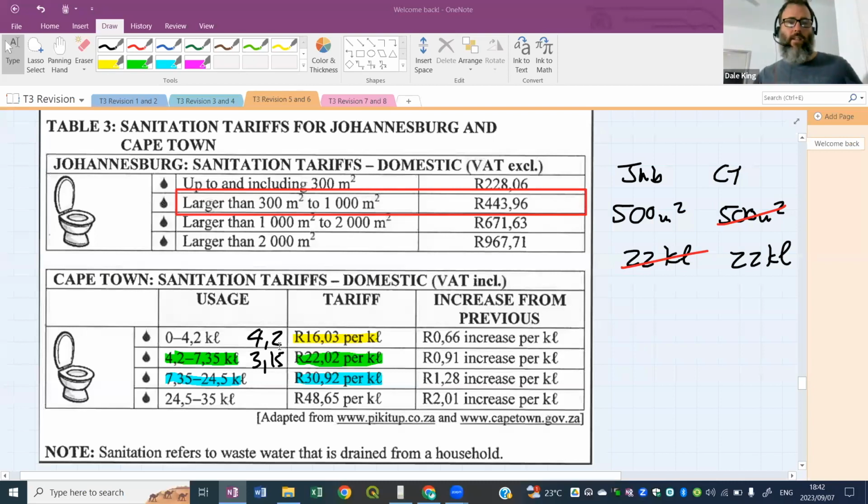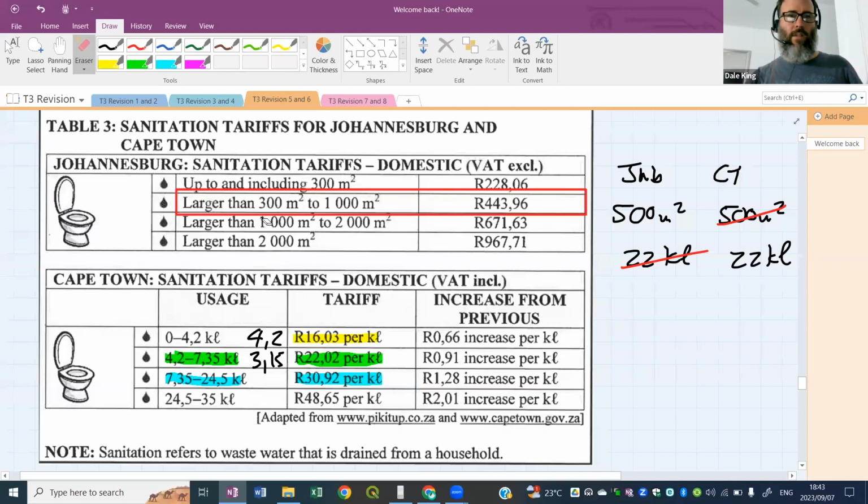Anyone want to take a guess at this one? How do Johannesburg people benefit? Or can we move on?